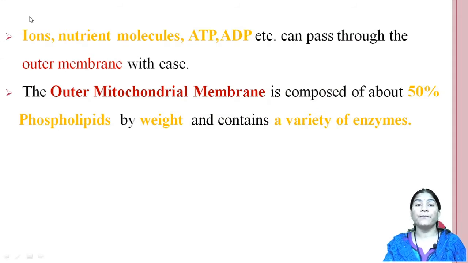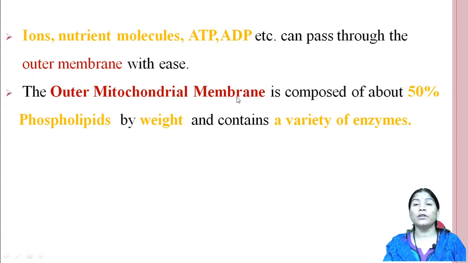Different ions, nutrients, molecules, ATP and ADP also pass easily through the outer membrane, because the outer membrane has porins, and through these porins there is easy transportation of these ions, nutrient molecules, ATP and ADP.